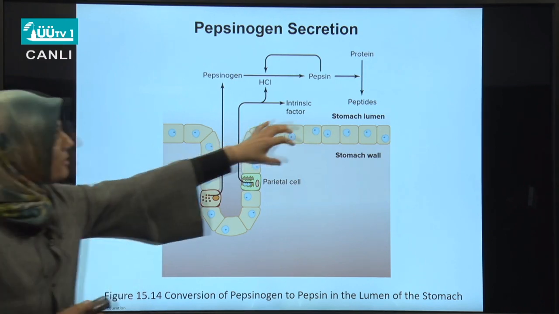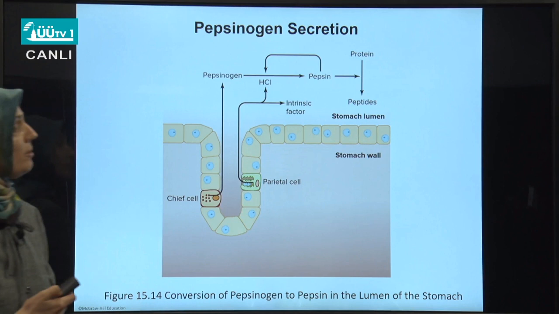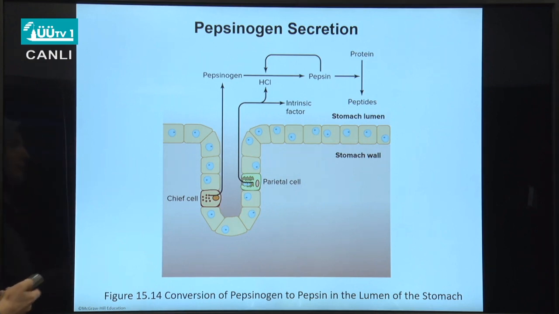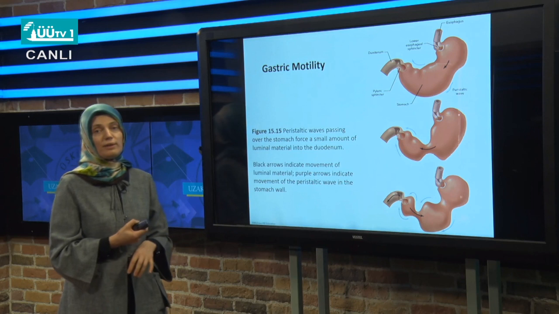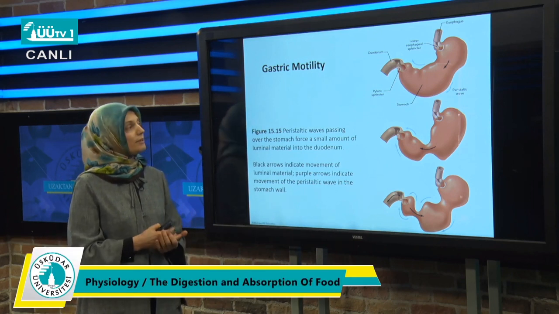Then the digestion of these peptides is completed in the small intestine, and they are converted to their monomers, the amino acids.